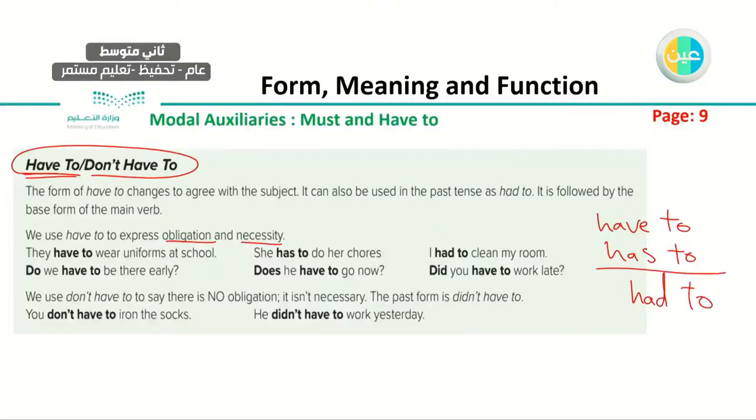Good. Look at the examples here. We use have to to express obligation and necessity. Remember that. They have to wear uniforms at school. So have to here refers to obligation, to necessity. No choice.